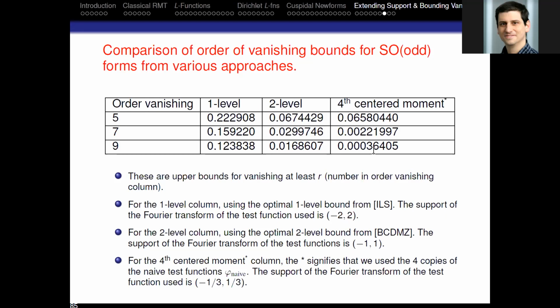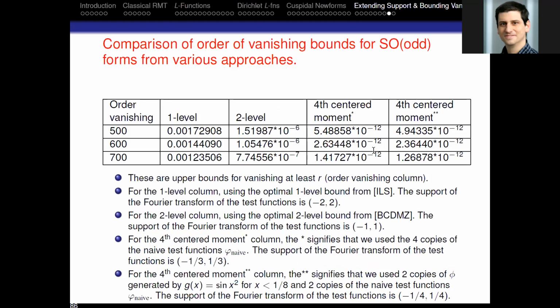But when we start to get to order vanishing of at least 7 or 9, you can see now that there is significant improvement in the bounds. We believe for these families that half the forms in the limit should be rank 0, half the forms should be rank 1. So we expect all of these bounds to be 0, and we're starting to see things a lot closer to that using these new methods.